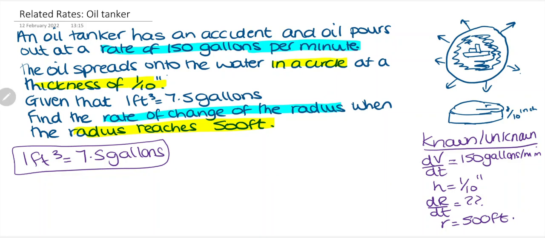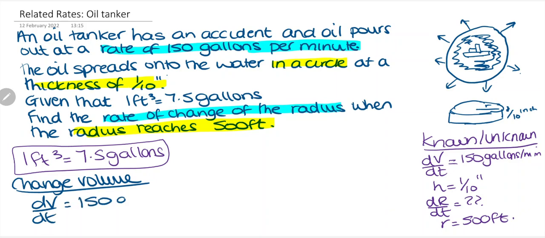So we need to change our units. The first thing I'm going to do is change the volume. dV/dt is 150 gallons, and per means divide, so this is divided by 1 minute.